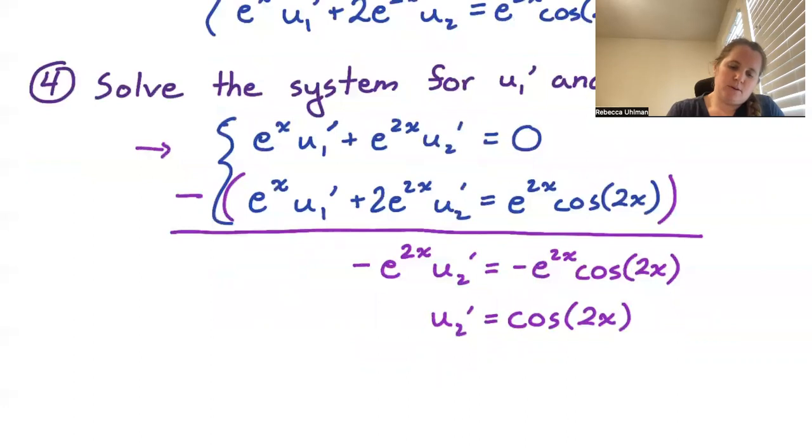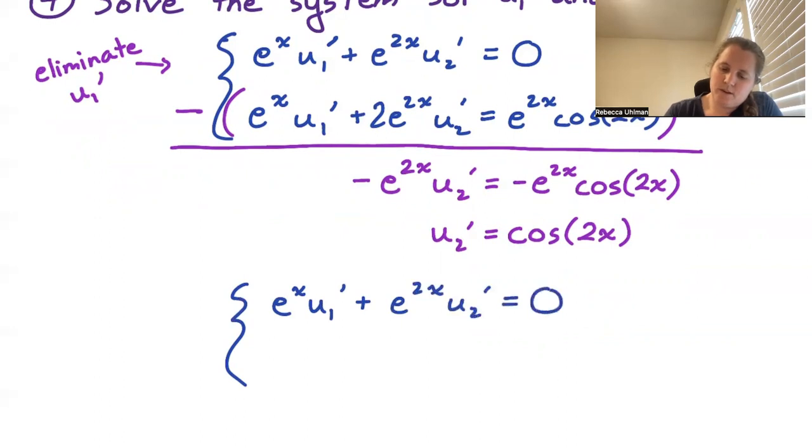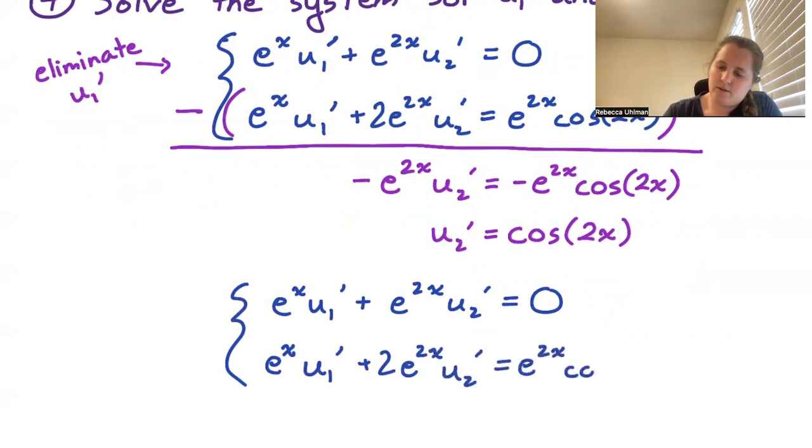In this step, we were eliminating u1'. In the next one, I'm going to eliminate u2'. So we have e^x u1' + e^(2x) u2' = 0, and here we had e^x u1' + 2e^(2x) u2' = e^(2x) cos(2x).